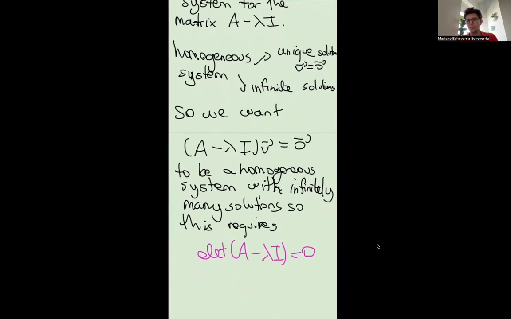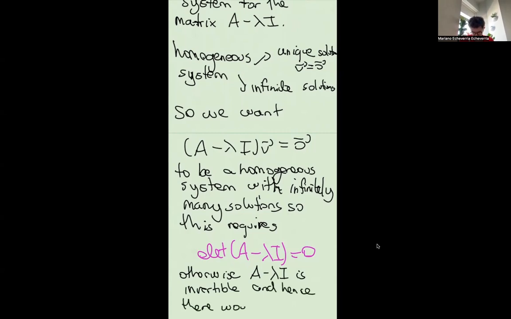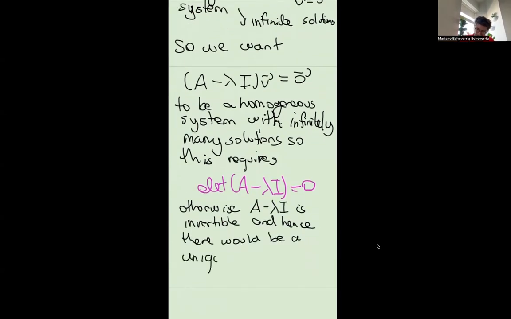Otherwise A minus lambda I is invertible, and hence there will be a unique solution. And that's all that you need to know. So that's how you find the eigenvalues and eigenvectors.